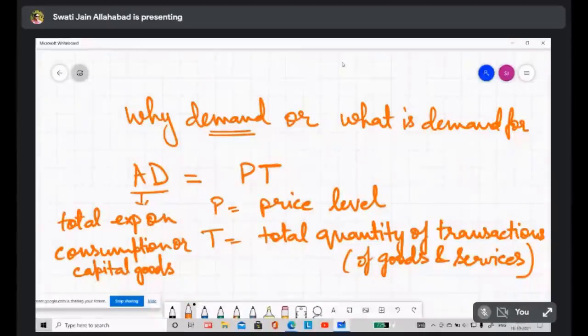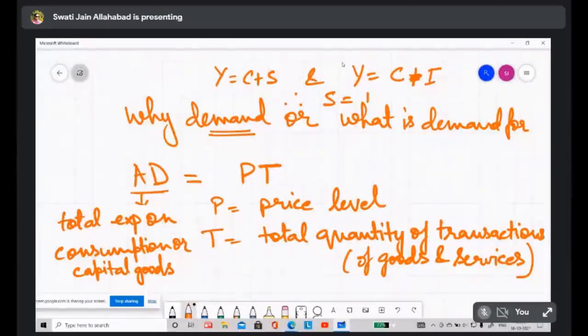Whatever savings will take place will immediately turn into investment. Y is equal to C plus S and Y is equal to C plus I. And therefore, S is equal to I. So leakage is always equal to injection.